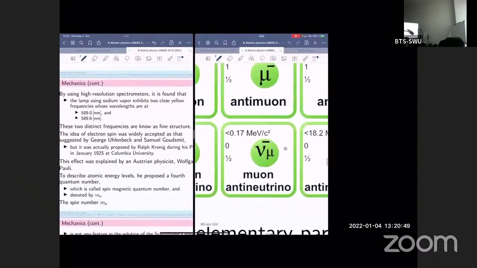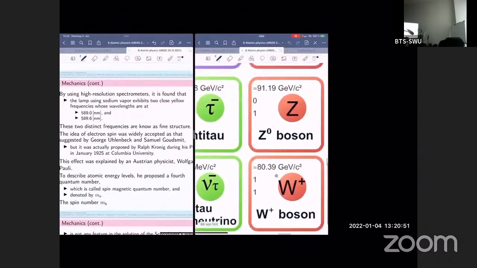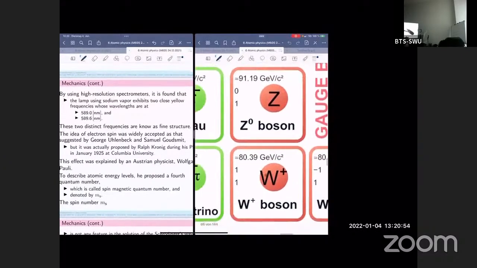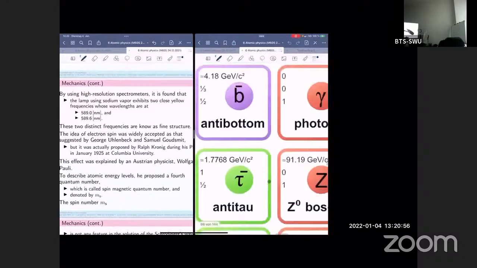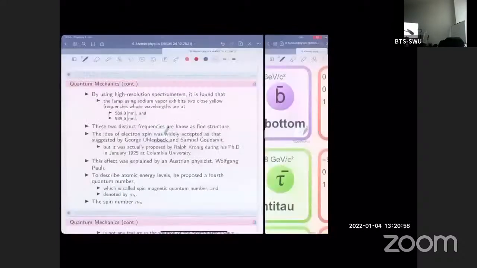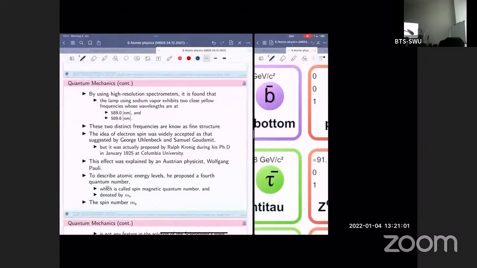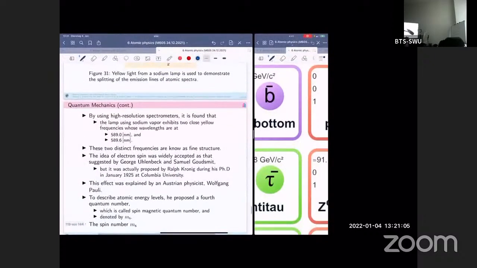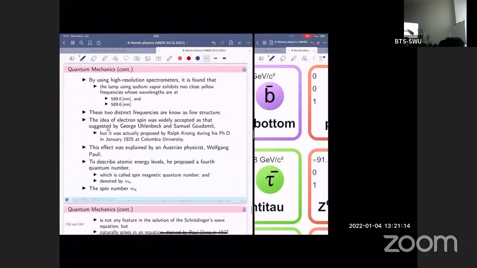We'll talk about it later. The spin number is the last quantum number that physicists have accepted. Maybe in the future there might be another new quantum number, I don't know. But at the moment there are only four quantum numbers, and the last one, just discovered, is the spin number.